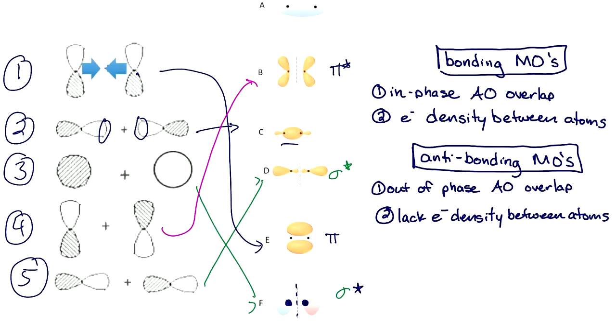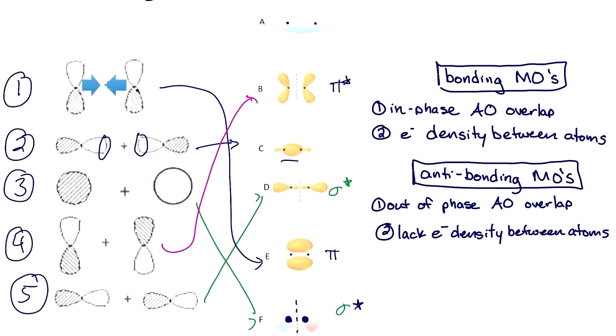All right. And so we have one left over that we didn't do. A is an orphan. All right, A is a lonely orphan, and we need to figure out who its parents are. So let's draw what we think the atomic orbital combination would make to get picture A. So what kind of bonding interaction is it? Sigma? Okay, yeah, sigma. So it's head on. And then who are the parents?